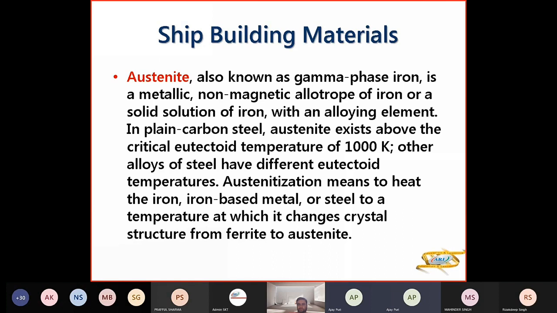So eutectoid temperature is where your change takes place after you heat it, because we'll be doing heat treatments. So the changes take place due to the heat treatment done above a eutectoid temperature or below a eutectoid temperature.